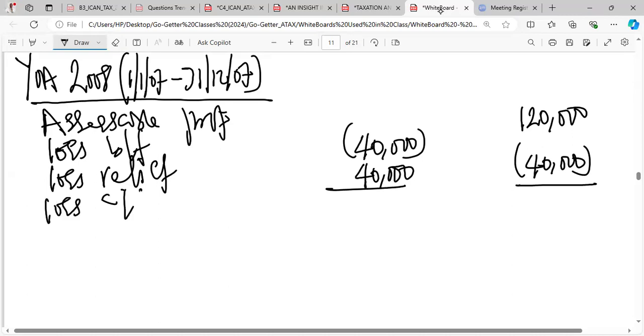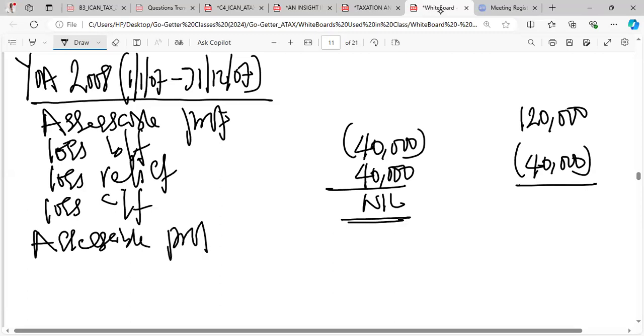Loss carried forward, nil. Assessable profit will now be 80,000. For the first time, we are recording assessable profit.